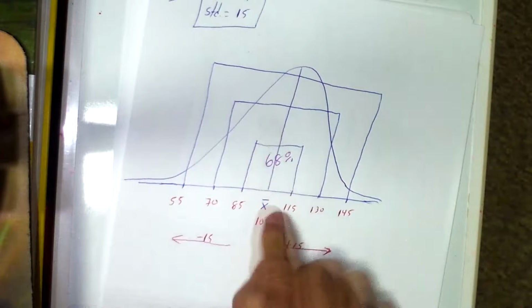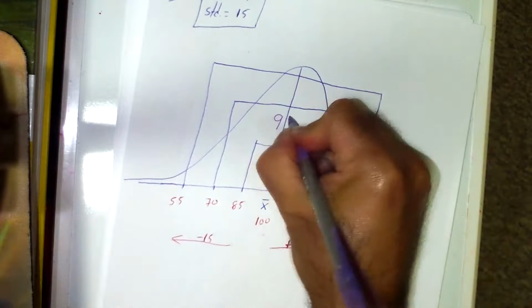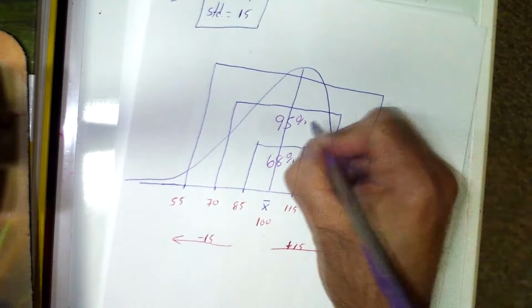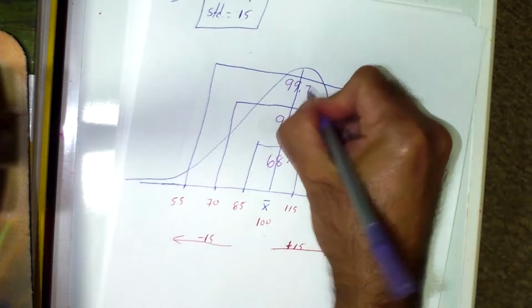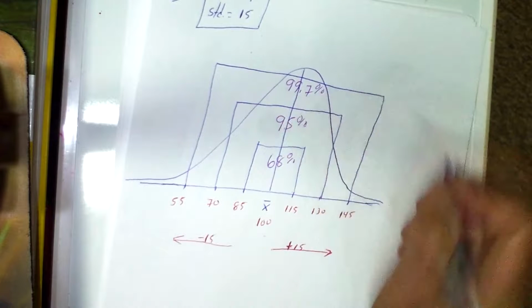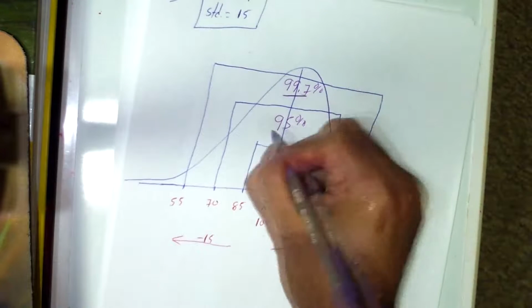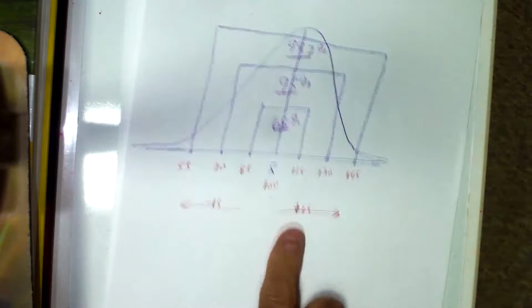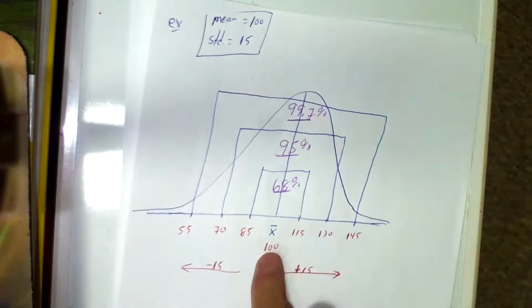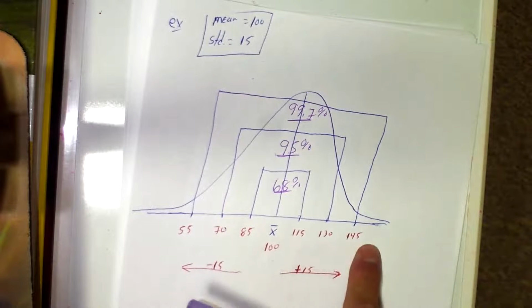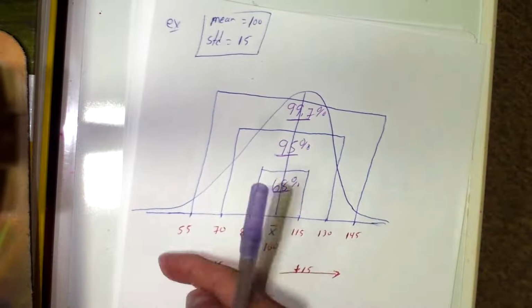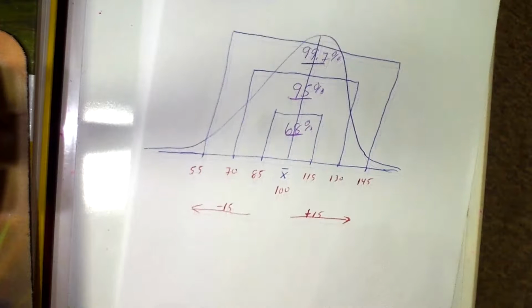The next box is 95. And the bigger box is 99.7%. So you put your mean, you add standard deviations as you go right, you subtract as you go left. Then you can answer questions.